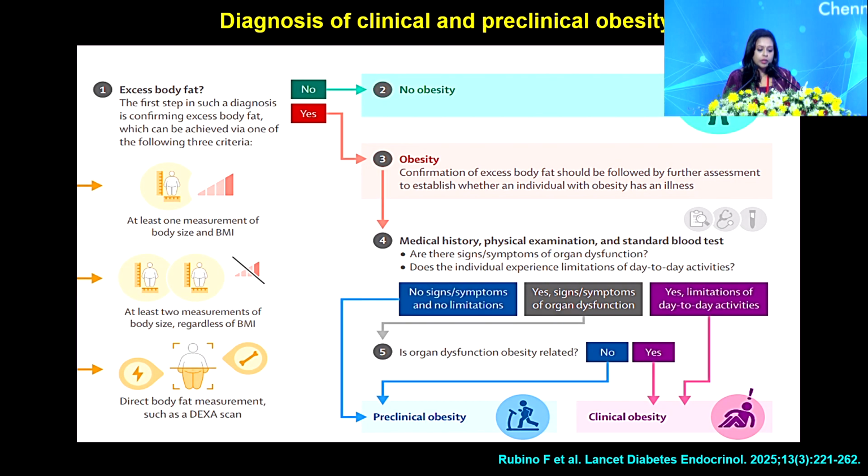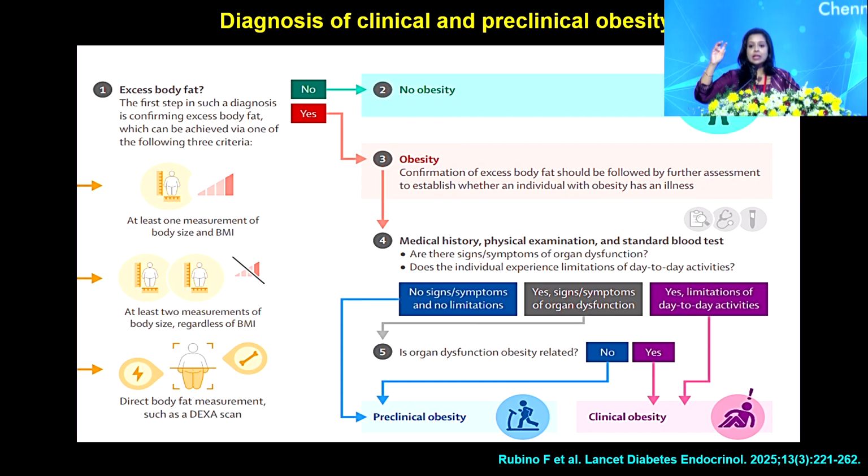Or what you can do is you can use two body size measurements. That is also acceptable. Or you can actually measure with DEXA or CT. So one of these ways of establishing body fat is the first step. Without the body fat, there's no obesity. Once you confirm obesity, you start taking a history because you have to establish end organ damage. So you ask the question: no signs, symptoms, no limitation, no treatment needed, preclinical obesity, lifestyle modification.